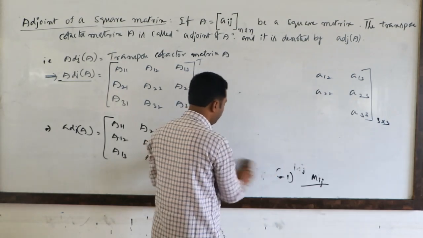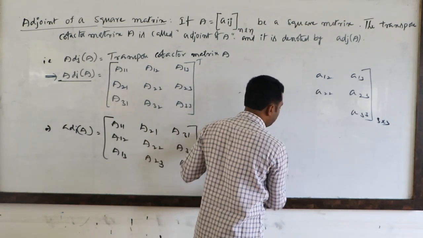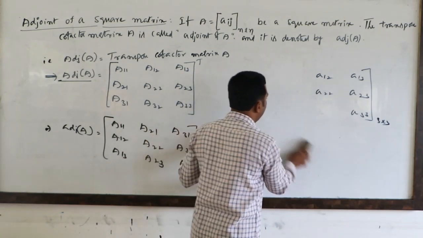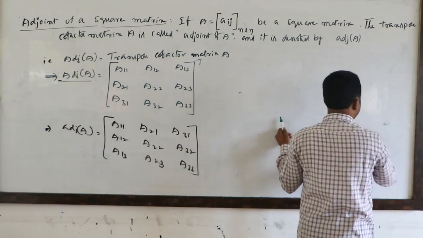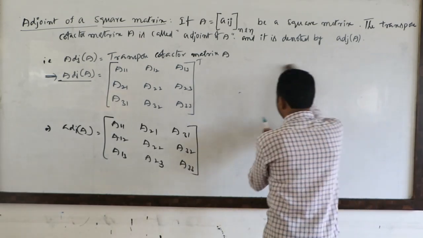In the adjoint of A, only cofactors of the elements of the given matrix will be there.